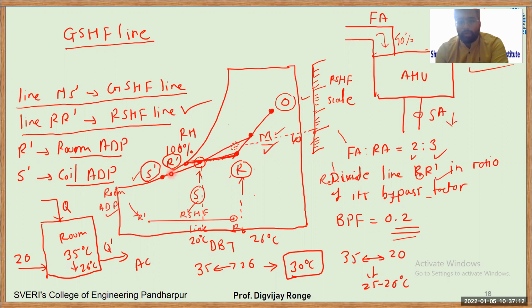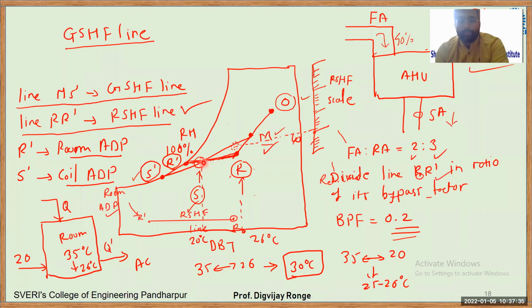In the cooling coil, cooling and dehumidification will take place. The dew point we know, that is S dash. This air will pass over the cooling coil and reach the condition S. So point S is the condition of air entering the room.